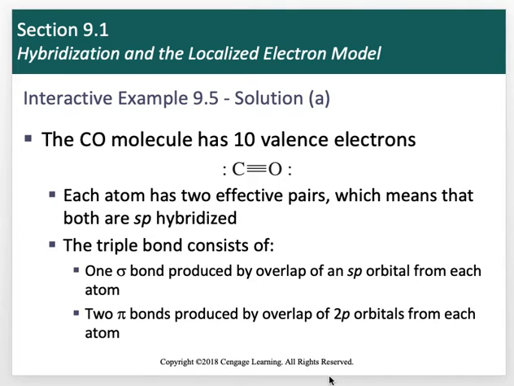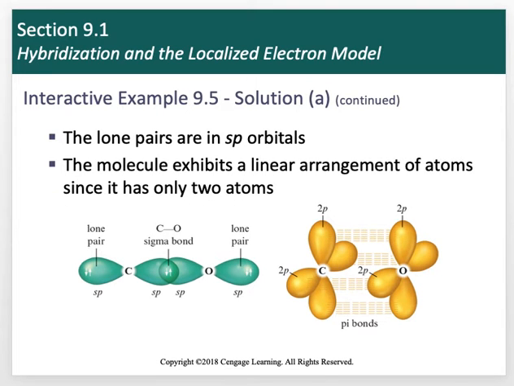So both of these are sp hybridized atoms: the carbon will be sp hybridized and the oxygen will be sp hybridized. I'm picking that the central bond here is our sigma bond, and that the top and bottom bonds represent the pi bonds, or those unhybridized p orbitals overlapping. It would look something like this.